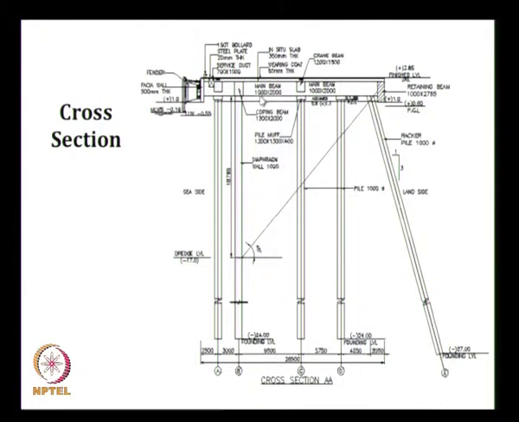Since we are constructing a deck of 2 meter, we want to remove the soil up to +1 meter, so that the overburden weight of the soil is not there on the active earth pressure. So we have to reduce the active earth pressure by providing a deck and placing a surcharge beyond the 45-degree line, so that the surcharge effect will not be felt up to the dredge level.